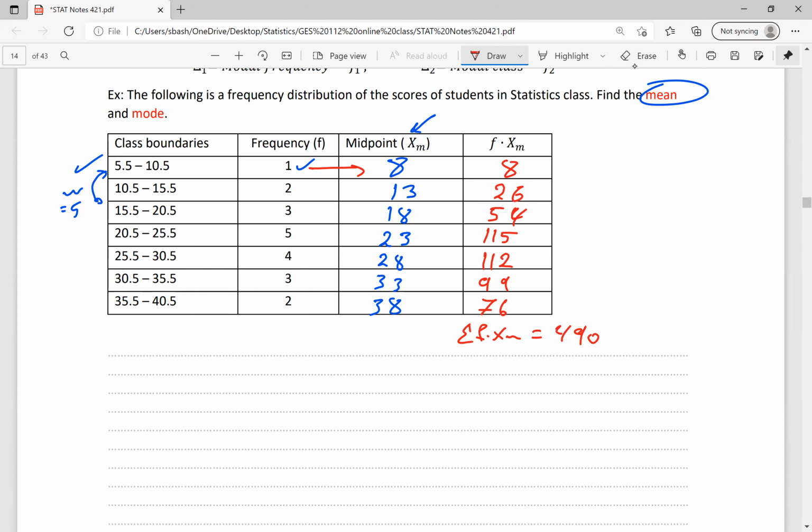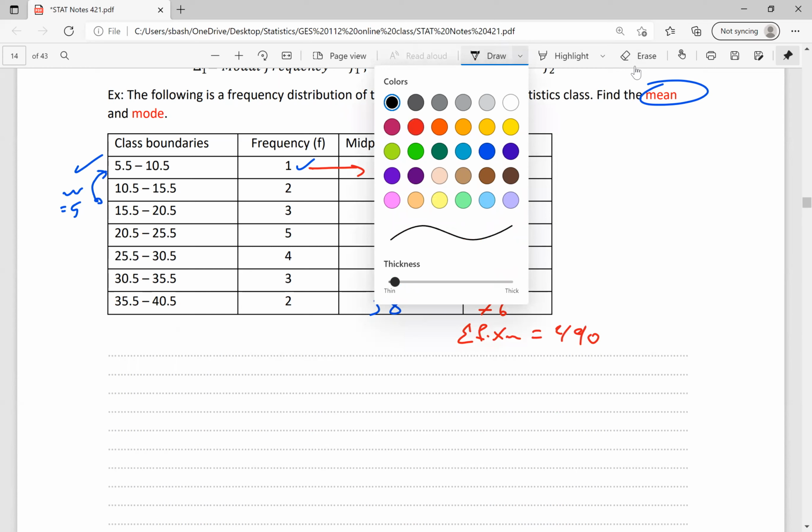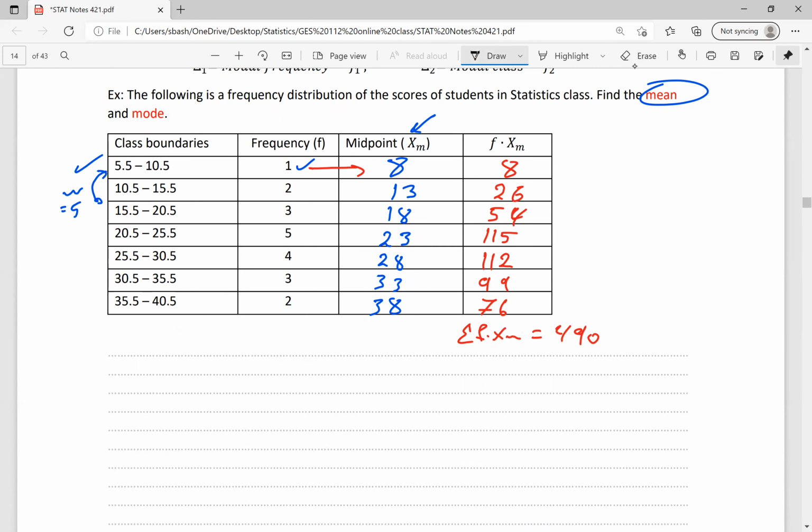So the mean x bar will be the sum of this one, that is 490, divided by n. N is the total of the frequencies.